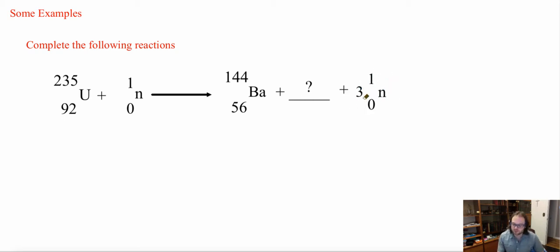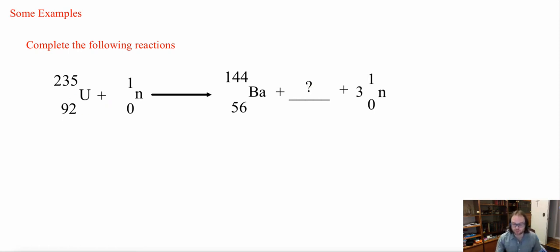Well, I look at this, the uranium-235 is breaking down. So that means we're undergoing a fission reaction. Well, what is this mystery atom? Well, first of all, we know my atomic mass number cannot change. My before and after must equal the same.